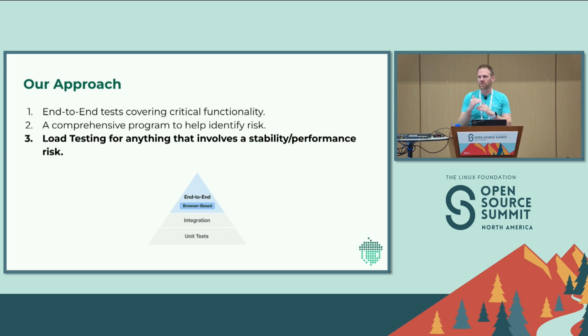At lower levels of testing, is anybody familiar with this testing pyramid? Have you seen this before? A few people at least? All right. So the idea here is, this testing pyramid has the most amount of test coverage at the bottom, so unit tests. Unit tests will be written for each component of this system, and the project teams that are working on them will write the unit tests.